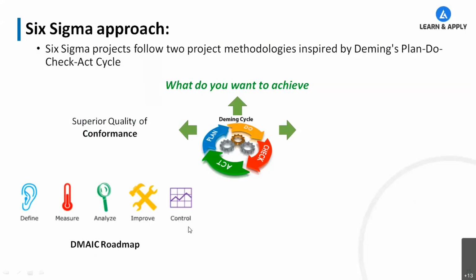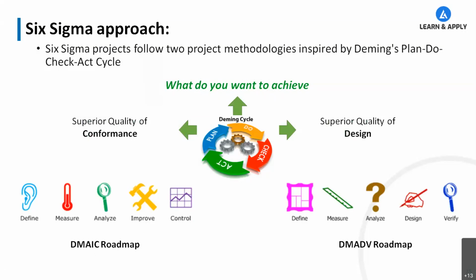The second approach is used whenever you want to provide superior quality of design, that is the DMADV roadmap. The first three are the same: define, measure, analyze, and then design and verify. Whenever you want to design something, whenever you want to give superior quality at the starting stage, you will go for DMADV, also called the DFSS roadmap. So with these two distinct project methodologies, you can implement Six Sigma.